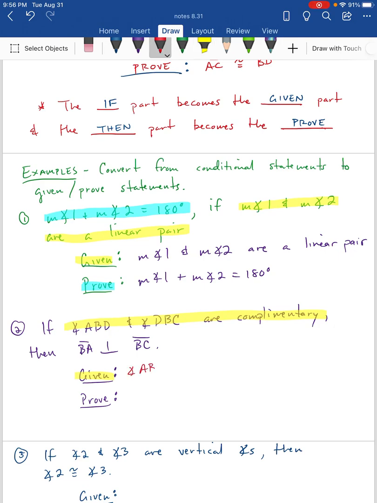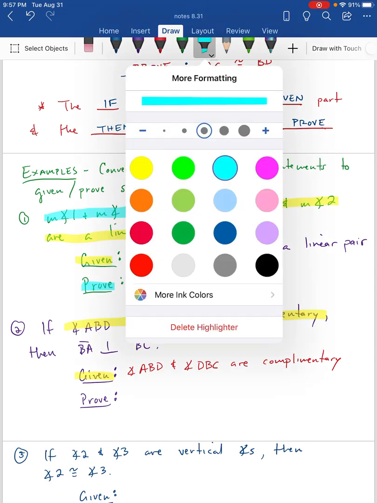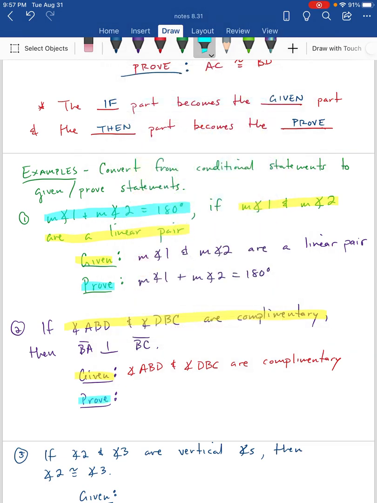Angle ABD and angle DBC are complementary. And then my other part, my prove part, would be everything after the then. So BA is perpendicular to BC.